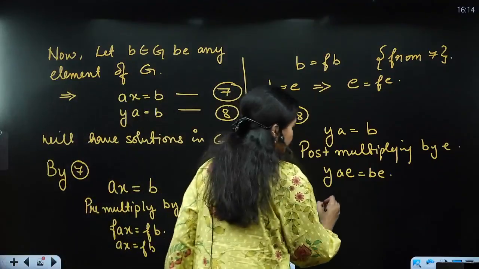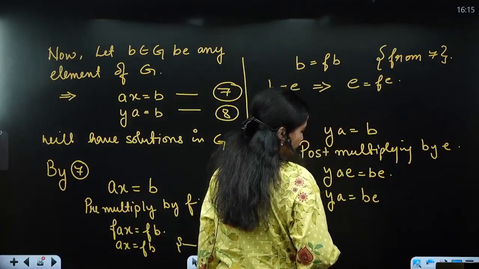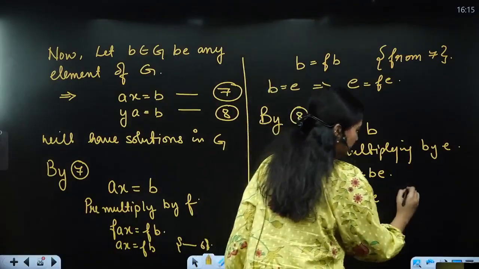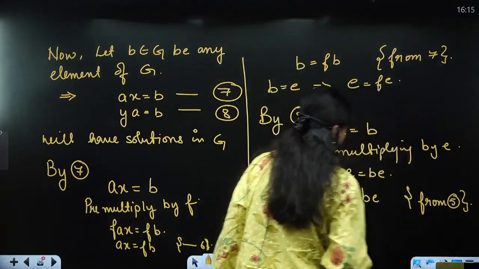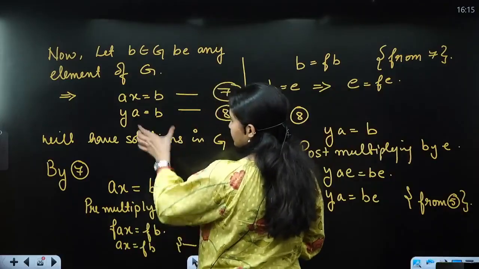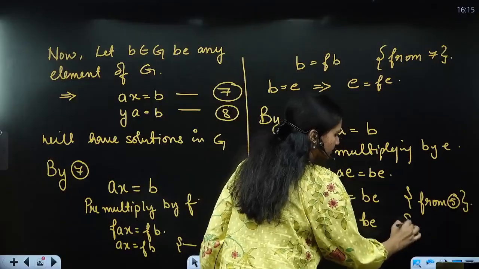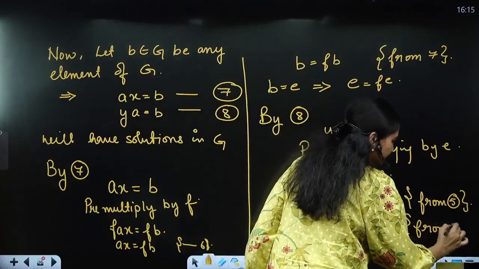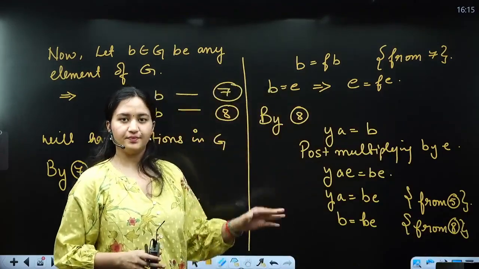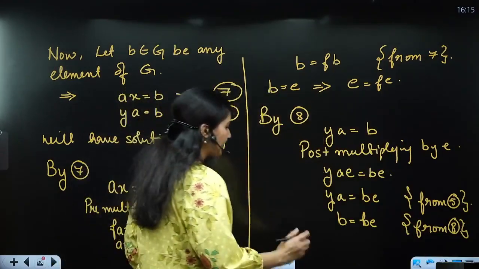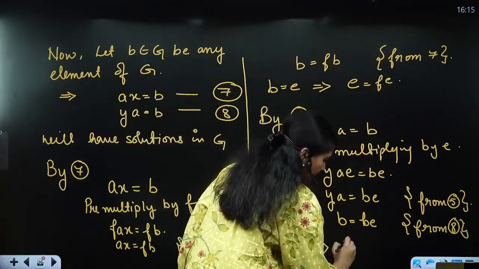So I can write it as YA equals BE, from 5. Now YA is equal to what? B. So this will become B equals BE. This is from equation 8, right? Now if B can assume any value from G, can I write B equals F? So this will give me F equals FE.